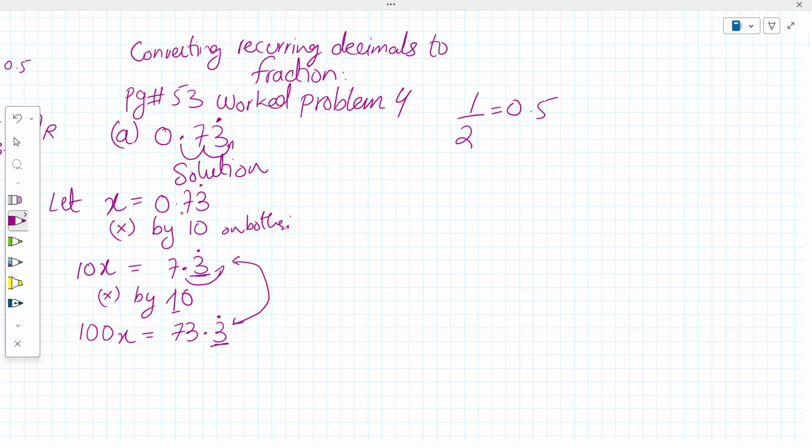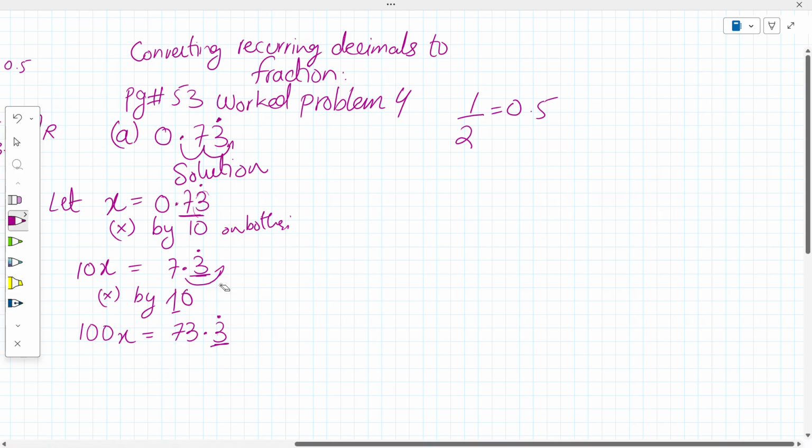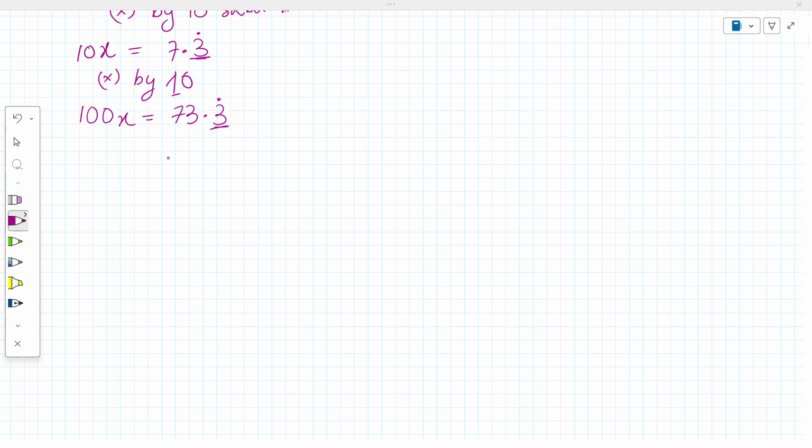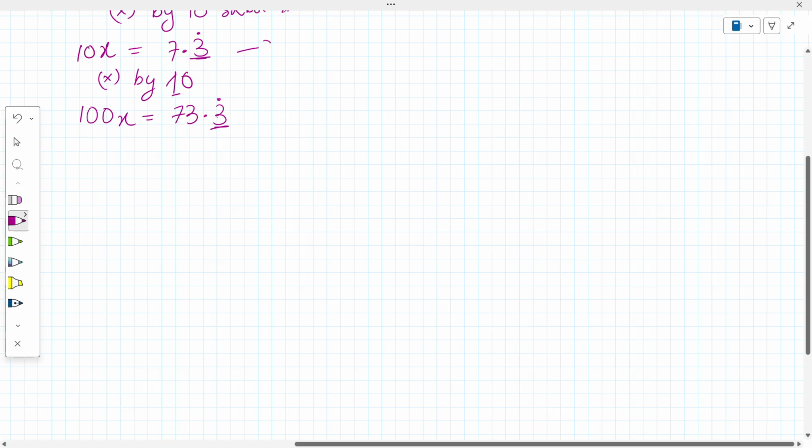Because there the decimal is still two places for this recurring. Okay, so we will use these two equations for now. We will do some working here, so you will easily understand this. So I will name this equation number 1 and this equation number 2.